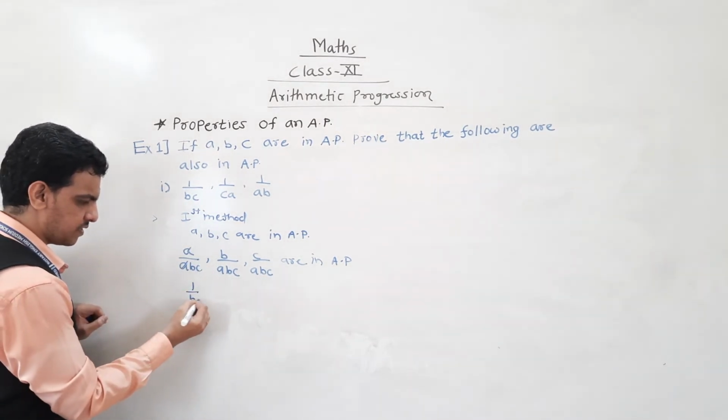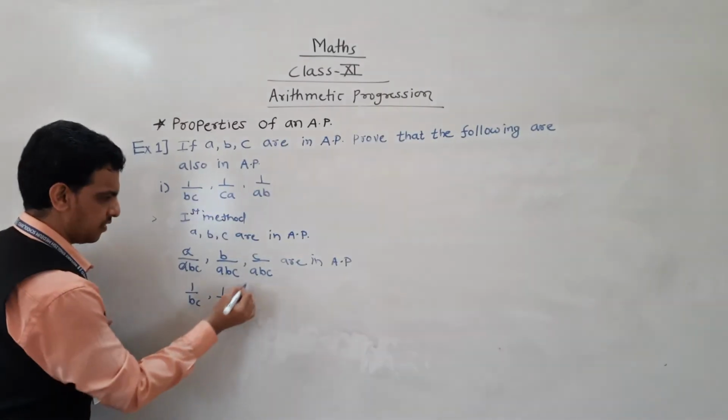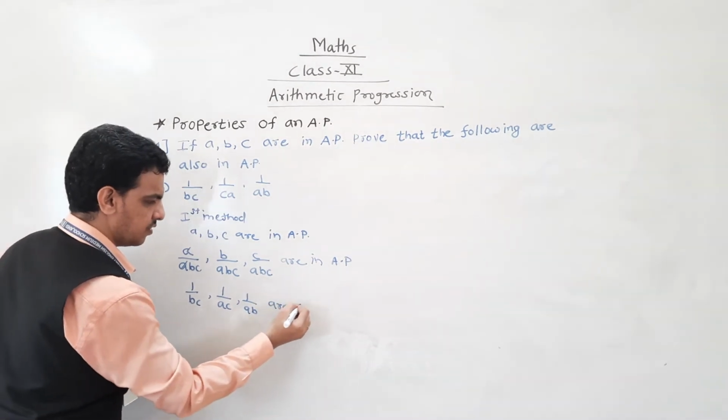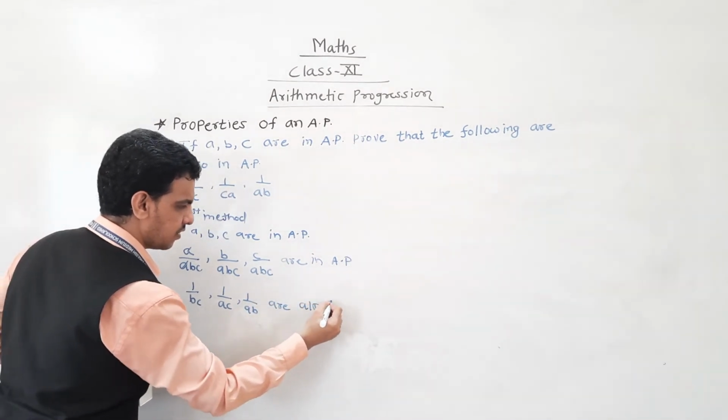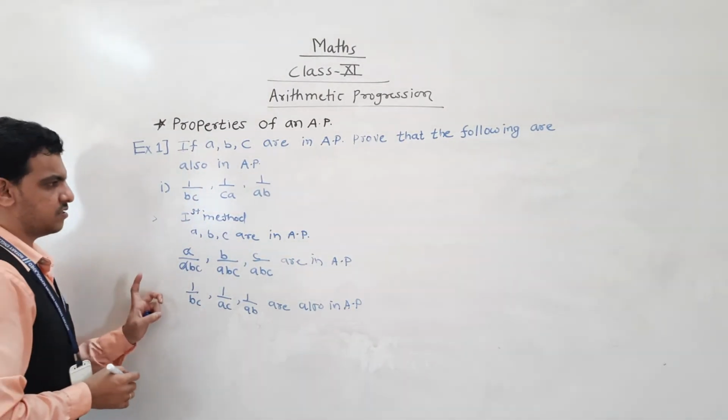So 1 upon bc, 1 upon ac and 1 upon ab are also in AP, okay. Understand this.